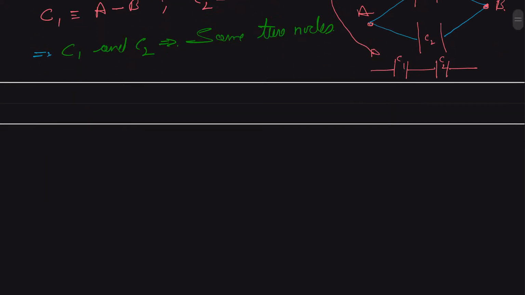But if you draw it in the second way, when C1 and C2 are in series, we can clearly see that they are not between the same two nodes. They are at different nodes. So therefore it cannot be drawn like this. So C1 and C2 are in parallel.